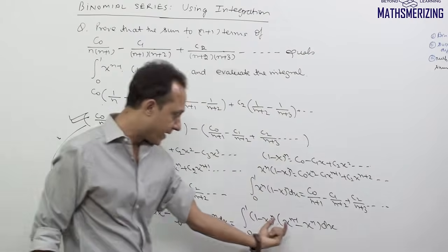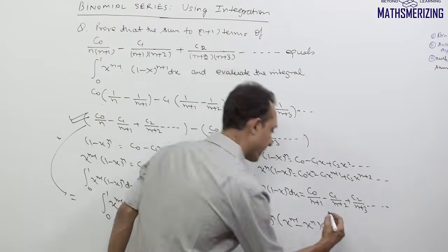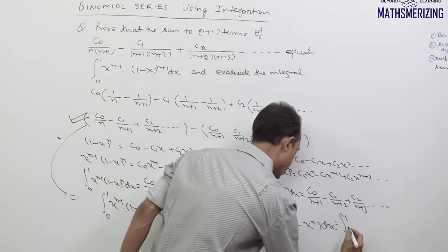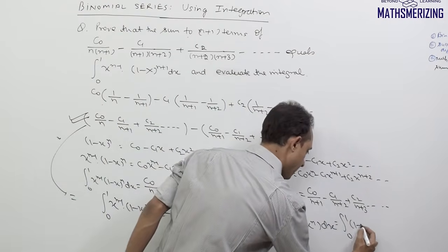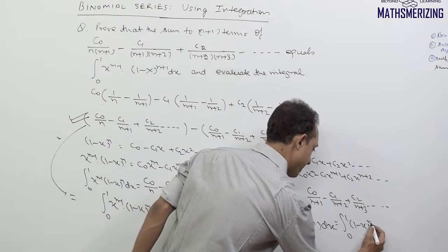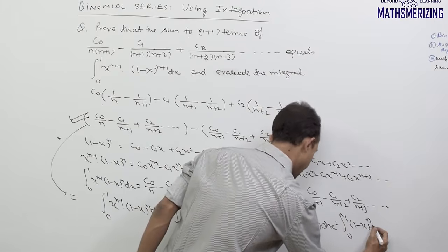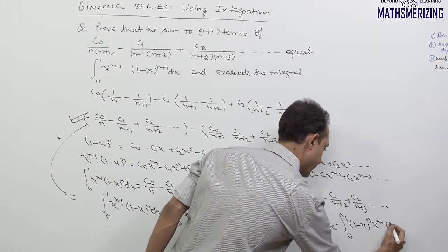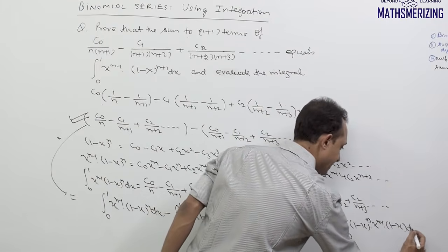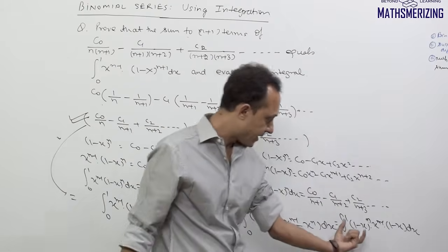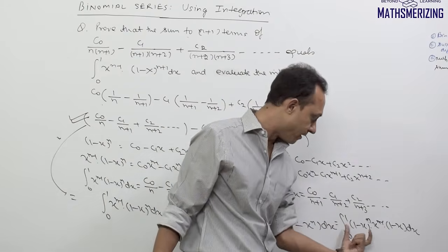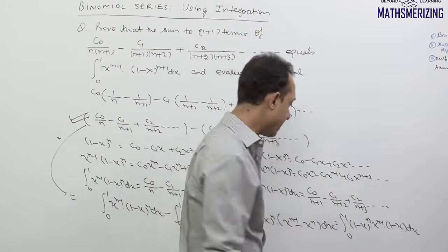Now here I can take x to the power n minus 1 also common. So if I take it common, I'll write from 0 to 1, (1 minus x) to the power n, and here I'll get x to the power n minus 1, and here I'll get (1 minus x) dx. Now (1 minus x) into (1 minus x) to the power n simply will be (1 minus x) to the power n plus 1.